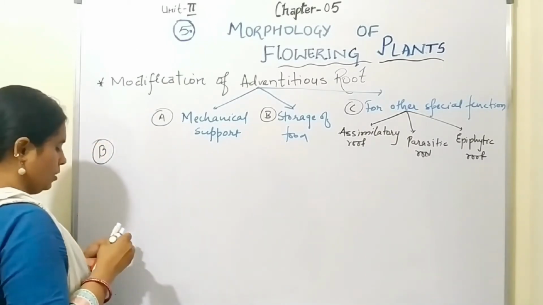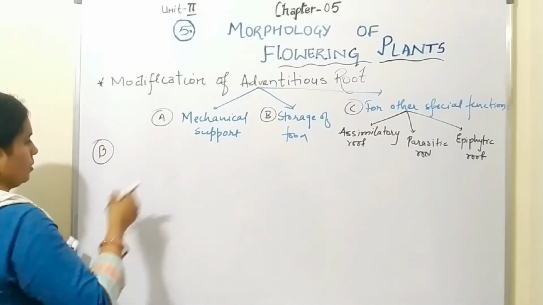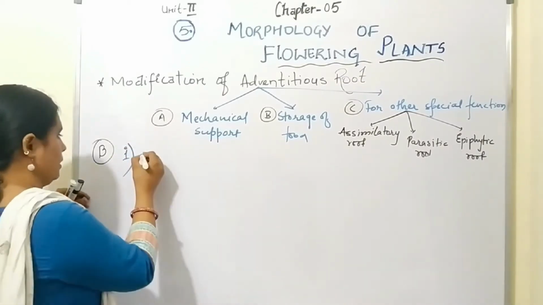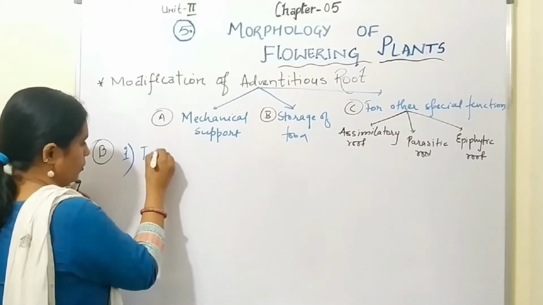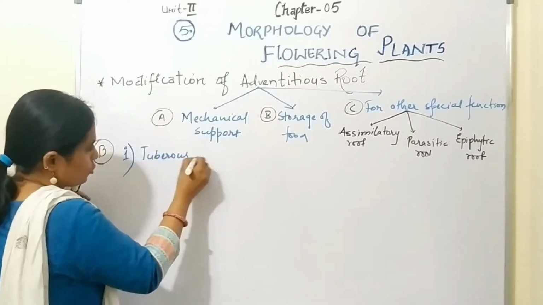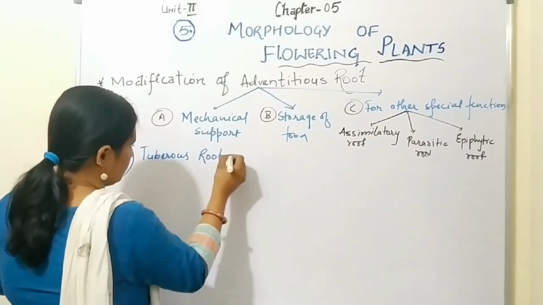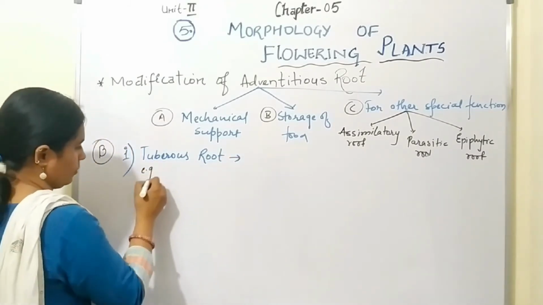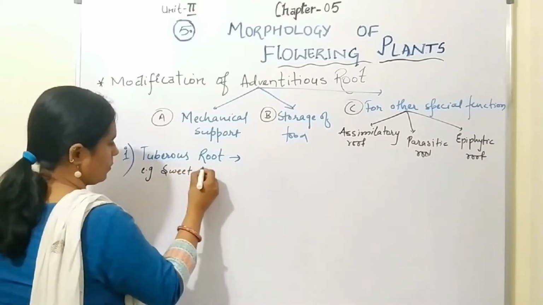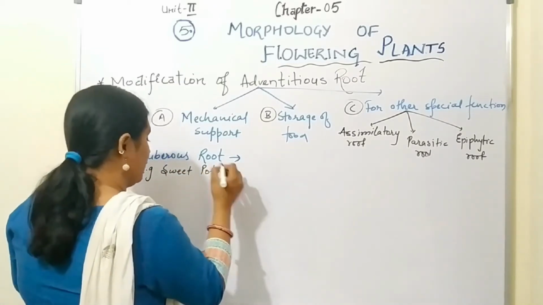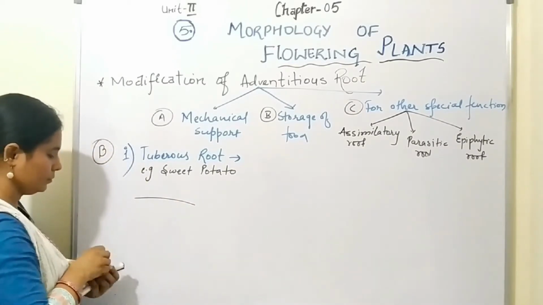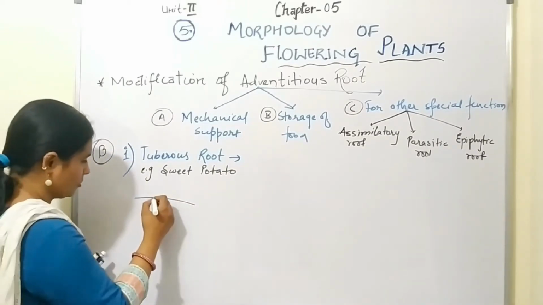In this, the first kind of storage of food you will see in case of sweet potato, and that is tuberous root. Okay, here you see that, let me draw the leaves.